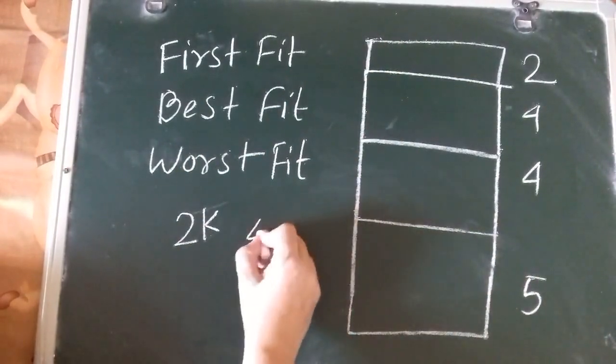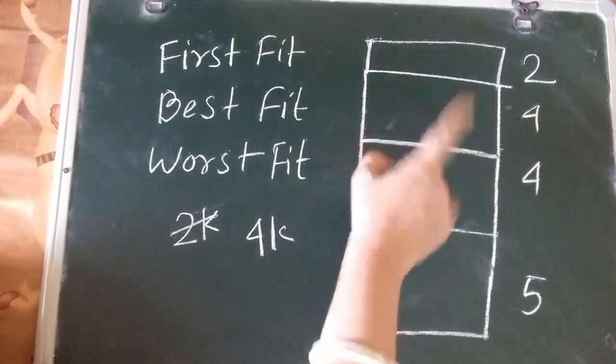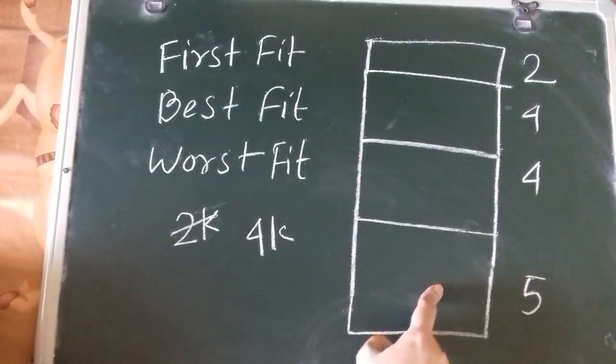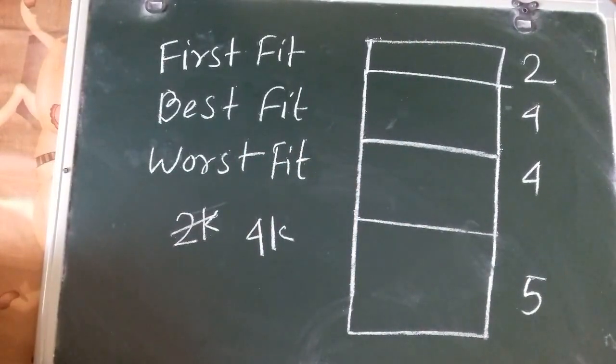But if I am considering a process of 4k now, first fit is this one, best fit is among these, anyone, and worst fit is obviously this one. How to solve the problems related to that we have already given in a separate video, because it is a very important question. They will ask you problems from that.